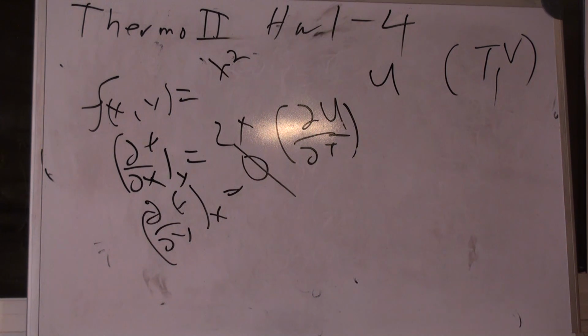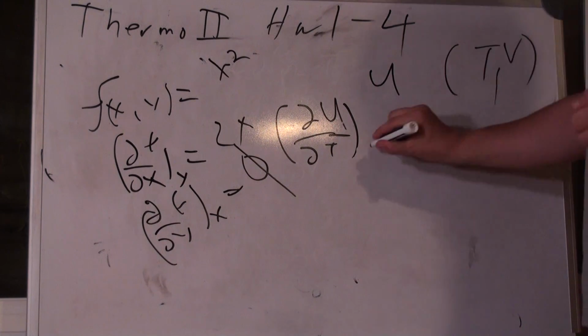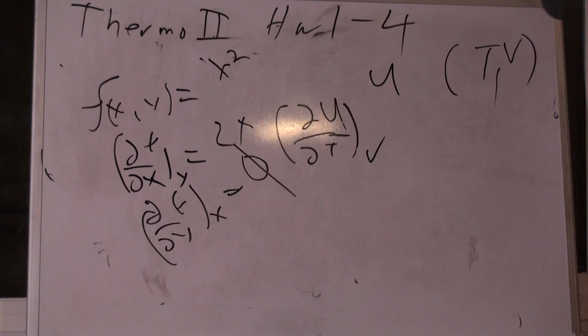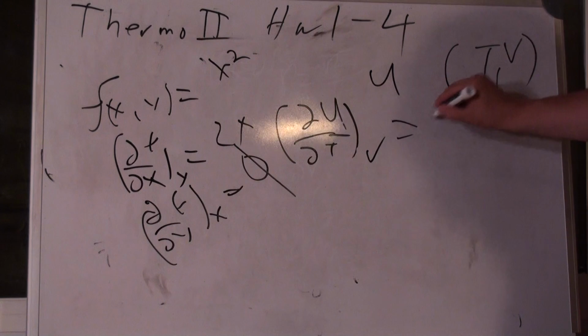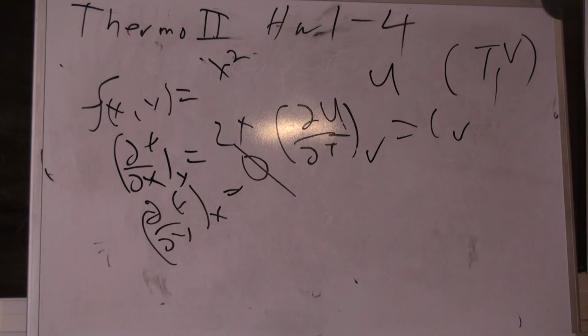So, how do I give an example of it being only a function of T? Because if I did this, we all know what that is: dU/dT at constant V is equal to Cv. Well, we all know that heat capacity is only a function of temperature for an ideal gas. We're done, right? Well, why is heat capacity only a function of temperature for an ideal gas?